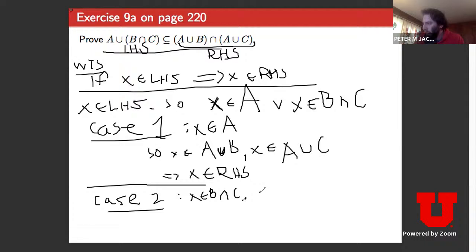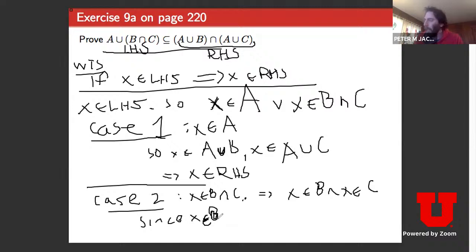It means that X is in B and X is in C. Okay, so since X is in B, sorry, let me make that slightly more clear.